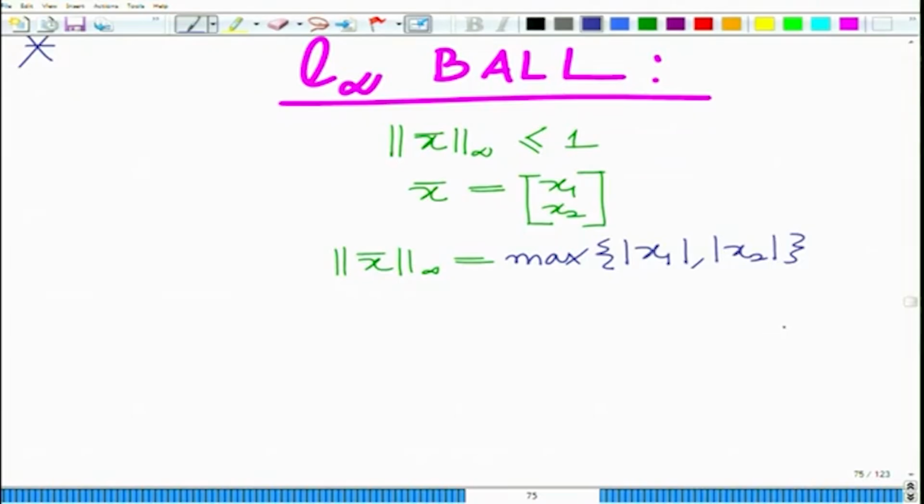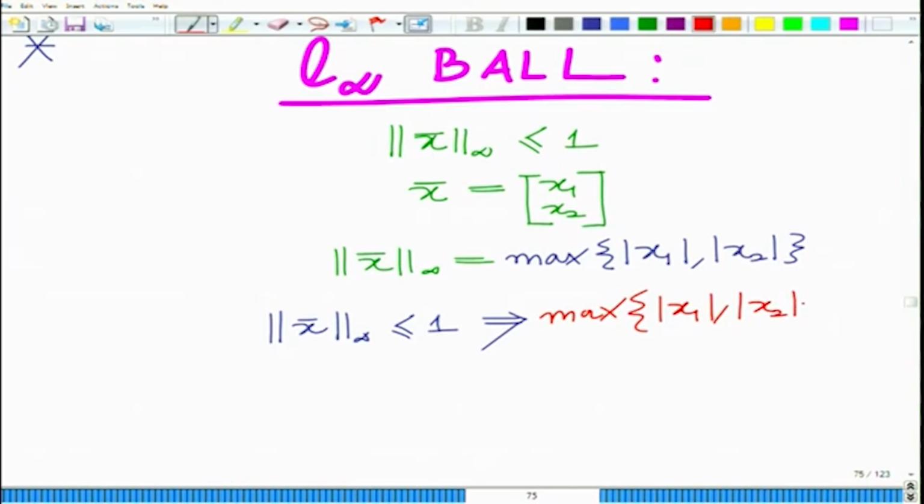Now, L infinity norm less than or equal to 1 implies this maximum of magnitude x1 comma magnitude x2 is less than or equal to 1. Since the maximum of two quantities is less than or equal to 1, each of the quantities has to be less than or equal to 1.